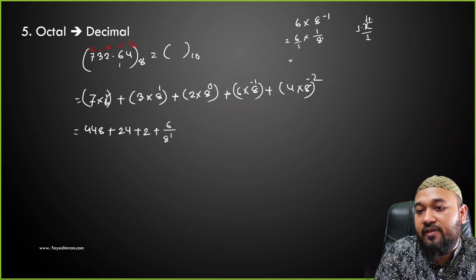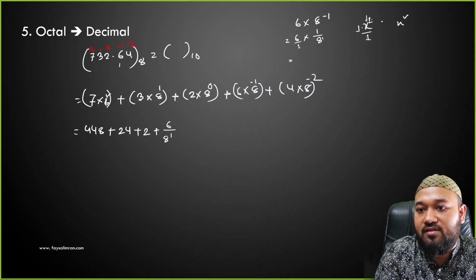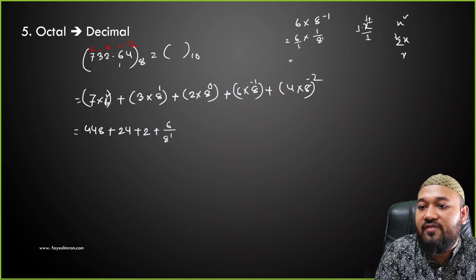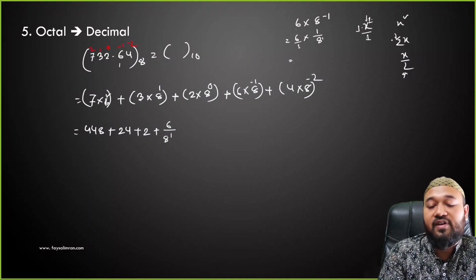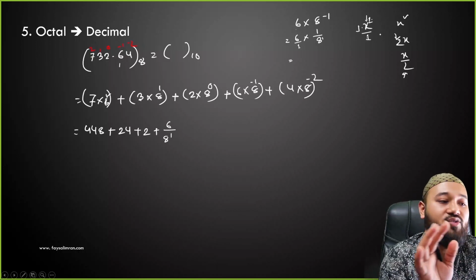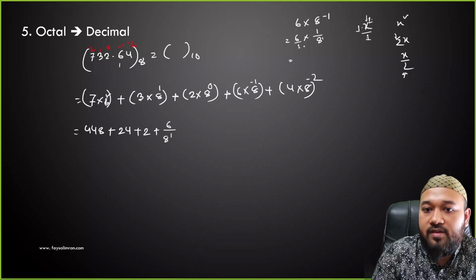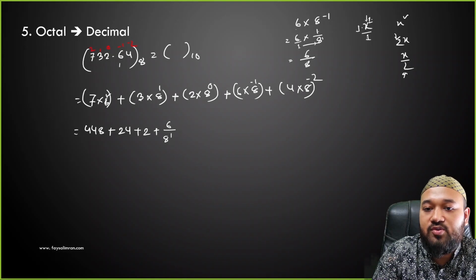If the value is bigger than 1, then we write it, like x square. If it is 2x, then we write this 2 because the value is bigger than 1. If x by 2, then we write this 2 because the value is bigger than 1. So if the value is bigger than 1, then we write this. Otherwise it does not need to be written. Okay, so 1 into 8 will be 8, 6 into 1 will be 6.